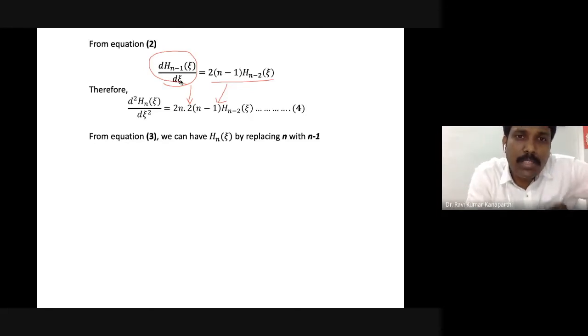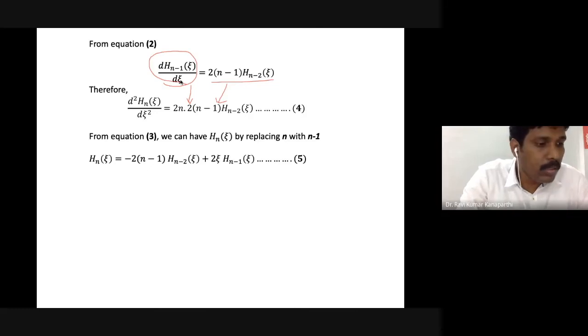And equation number 3 we have already obtained. What is that equation number 3? We have got an expression for Hn plus 1 of z is equal to minus 2n Hn minus 1 of z plus 2z Hn of z. That is equation number 3. From that expression, I don't want Hn plus 1 of z, but instead I want Hn of z.